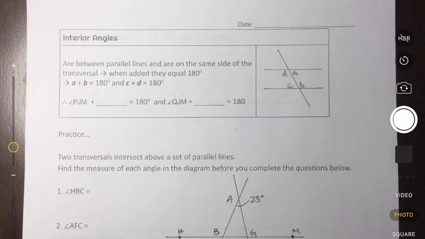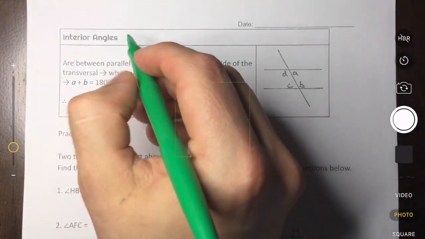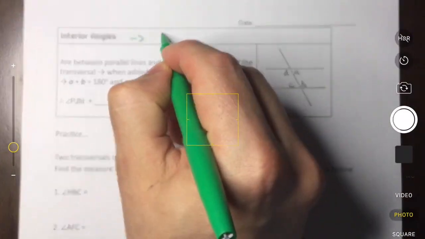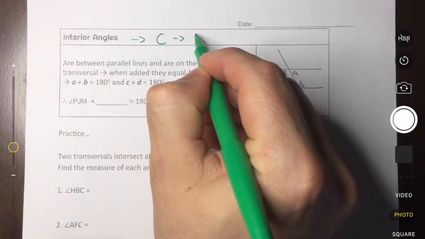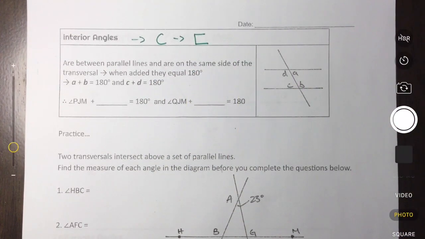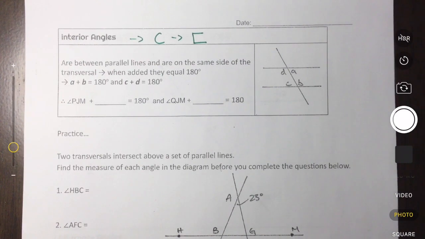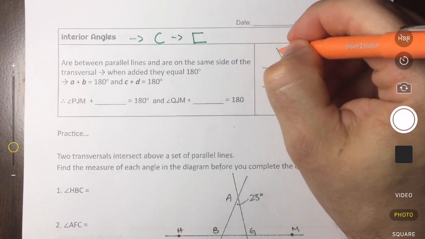All right, the last theory of parallel line angles that I need to work with is for interior angles. For interior angles, I can think of this as like a C pattern, or maybe that's better written kind of like that. What this is telling me is that I'm looking for parallel lines, and I'm looking for things that are on the same side of my transversal.